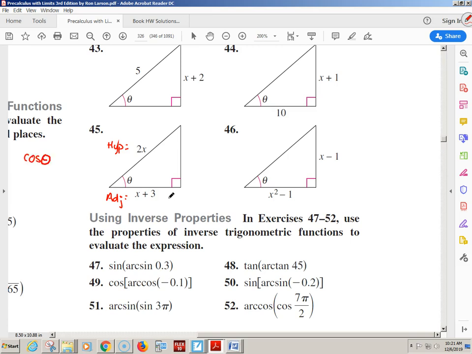Cosine of theta equals adjacent over hypotenuse. But they say get theta as a function of x, that means get it alone. The book probably used arc just because they seem to have a preference for the arc trig. You could have just used the good old-fashioned inverse. That's the only way to undo a trig function.